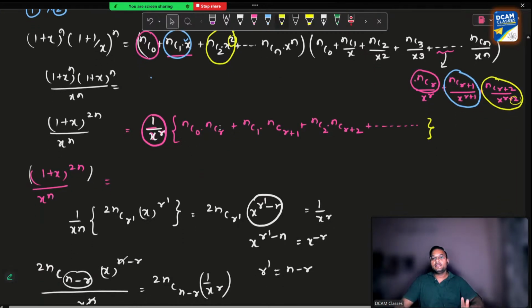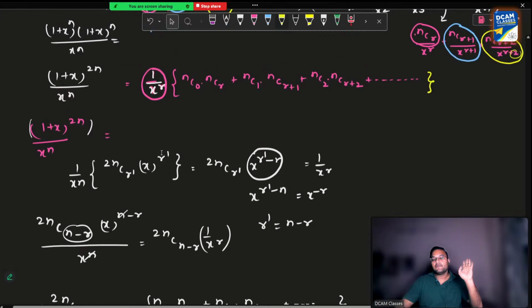Actually what I have done, from the right side I have tried to take 1/x^r, all the terms which have 1/x^r, because then only I was getting the multiple. And on the left side, you try to see which term you will take so that you get 1/x^r.